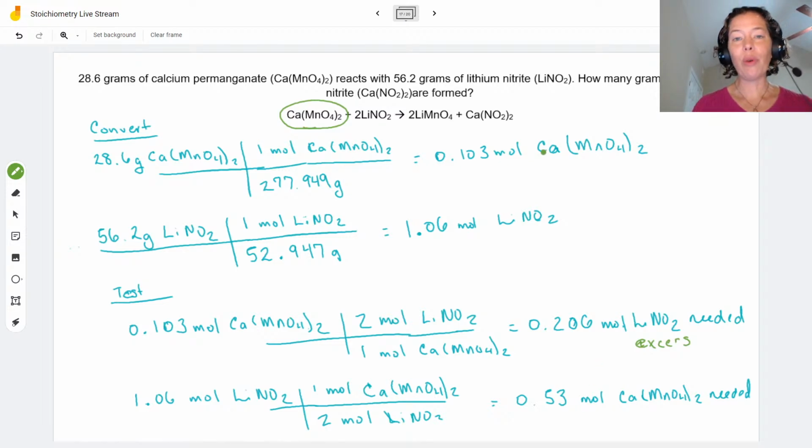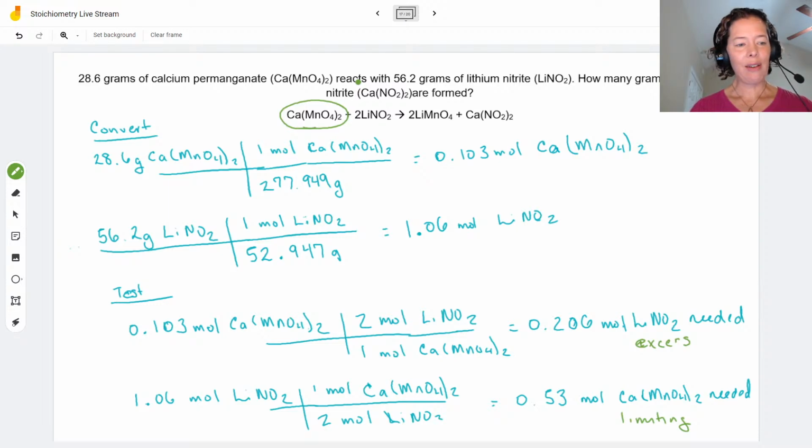We only have 0.1. We do not have enough. It is going to run out. It is going to limit how much product we can make. So again, it means that our calcium permanganate is our limiting reactant, which we have already circled. So yes, we have confirmed that we did our test right and we've got the correct limiting reactant.